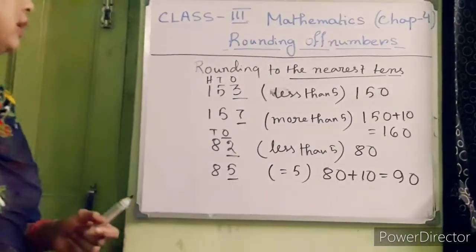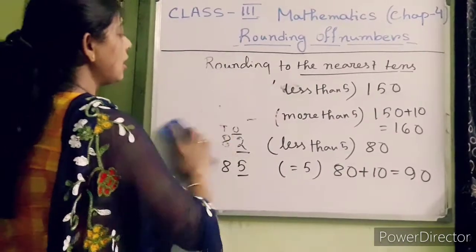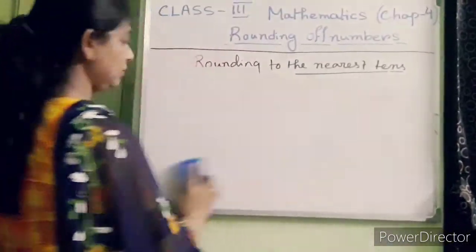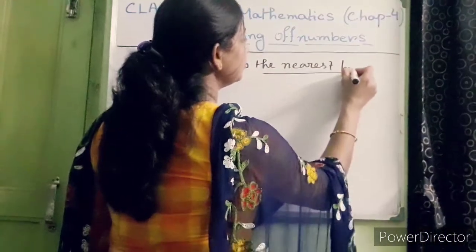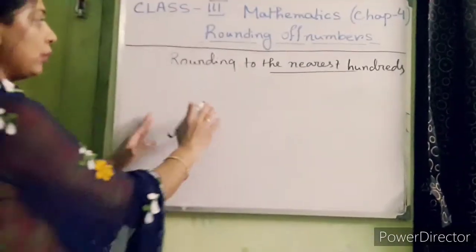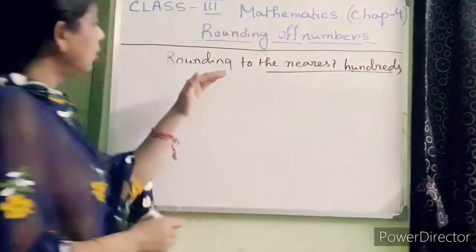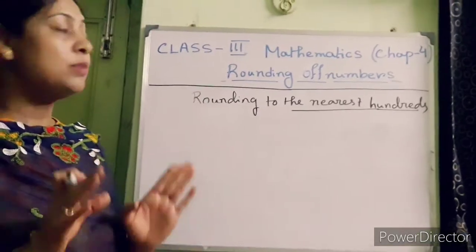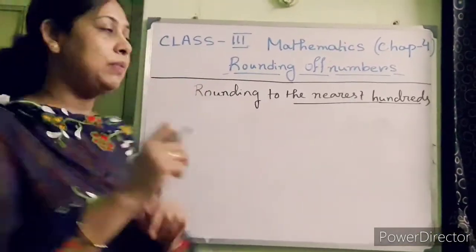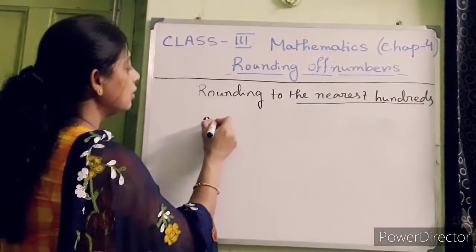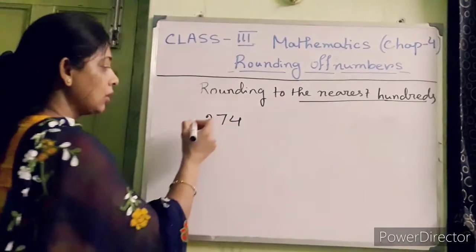Okay. Now next, rounding to the nearest 100. The rule is the same. When rounding to the nearest 100, we observe which digit is present in the tens place. Suppose the number is 274.